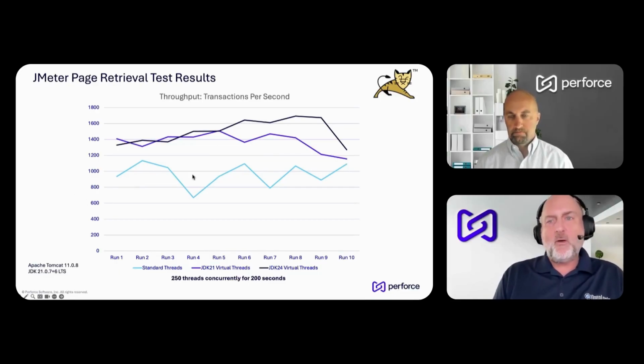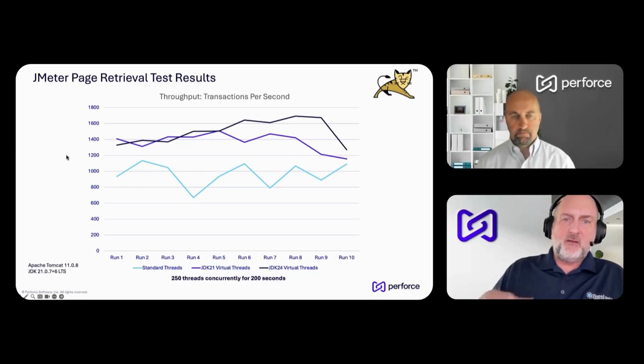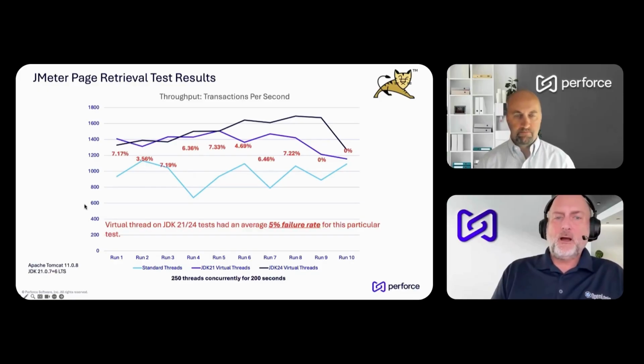Now, ignore maybe some of the results toward the end of the test, because this was running so quickly that I ran out of ephemeral source ports when I was trying to connect to Nginx. So this was kind of a bad test in a way. I ended up having a number of test failures, about 5%. But I still got pretty good performance results with JDK 21 virtual threads.